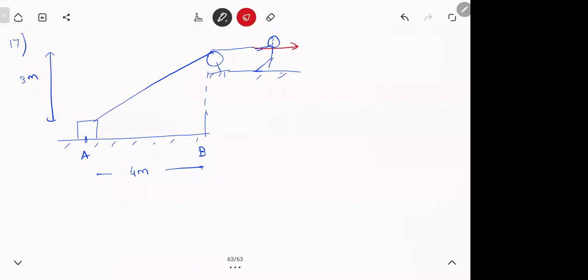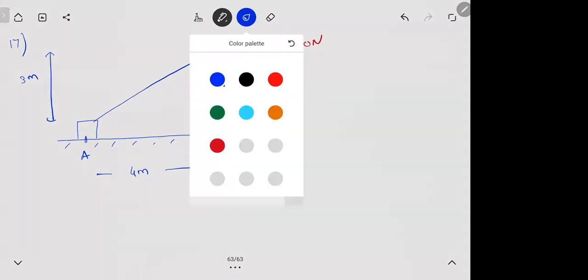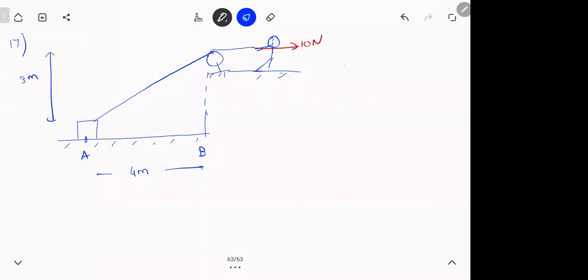And this man is pulling this thing with 10 newtons. So one end of a string is pulled by 10 newtons. So man pulls one end of a string with 10 newtons. And the other end is connected to a block.